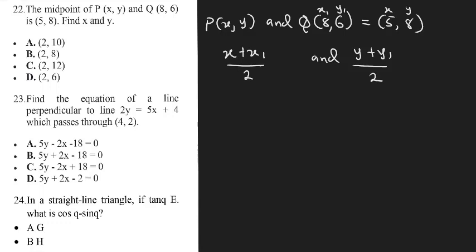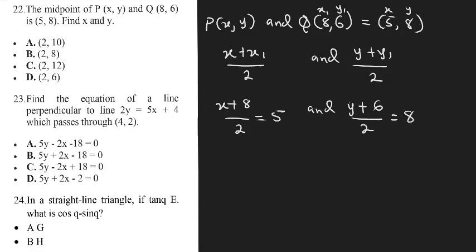So remember, it is the midpoint, so divide by 2, right? If you substitute, it is going to be x plus, what is our x1? It is 8, all over 2. Remember that this is equal to 5 for x. And this one will be y plus, what is our y1? Our y1 is 6, over 2, equals 8.